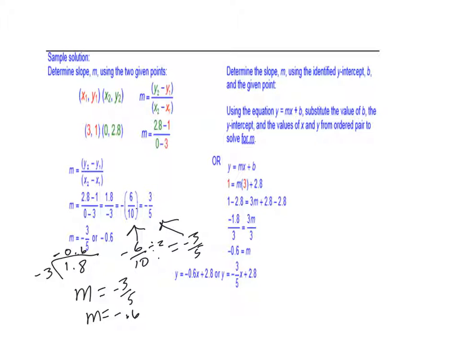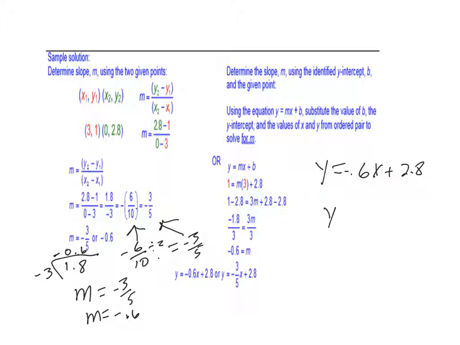So now once we found slope, it gives us the y-intercept in the problem, which is 2.8. So we just substitute, and this is what they did here. Realistically, they just substituted, and y is equal to a negative 0.6x plus 2.8.